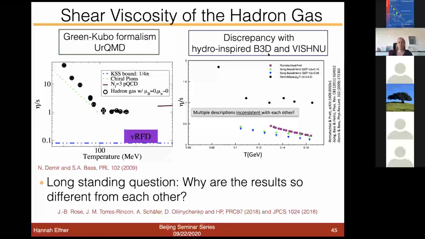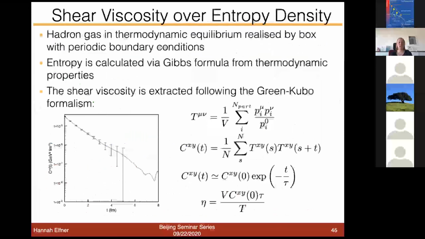And the question is, if you have a similar transport approach, why do you have a factor of 5 difference between the shear viscosity that you're extracting? This was at least my motivation to look into this again with another new transport approach, our SMASH approach, and have a look at what we can tell. And this is what we did. We put our particles into a box and applied Green-Kubo.